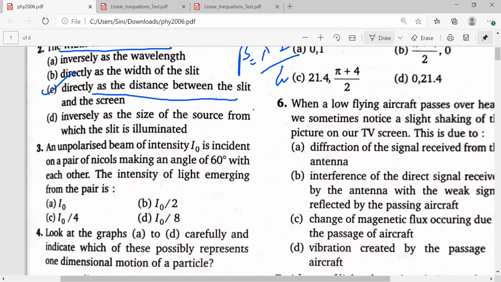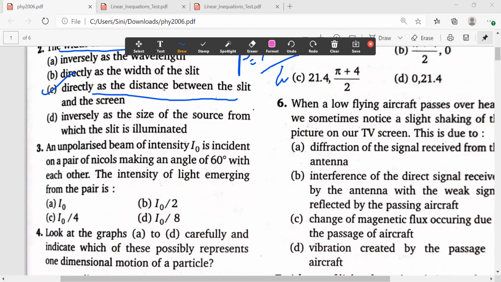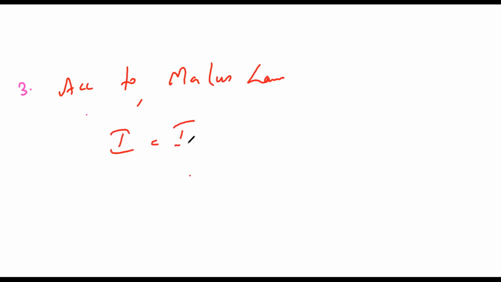An unpolarized beam of intensity I naught is incident on a pair of Nicols making an angle of 60 degrees with each other. The intensity of light emerging from the pair is how much? Third one, according to Malus law, I is equal to I naught cos square theta.